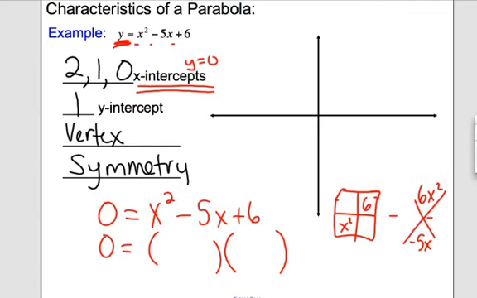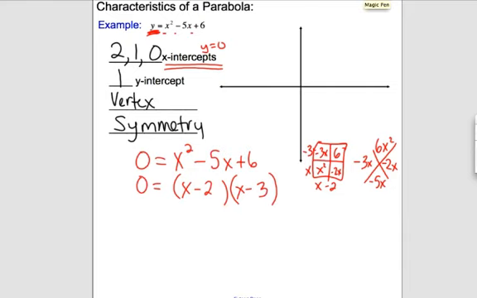So that means my answers must both be negative. And it looks like negative 3x and negative 2x will work. Negative 3x, negative 2x. And then I start to fill in the L sign. x minus 2 and x minus 3. So my factors are x minus 2 and x minus 3.